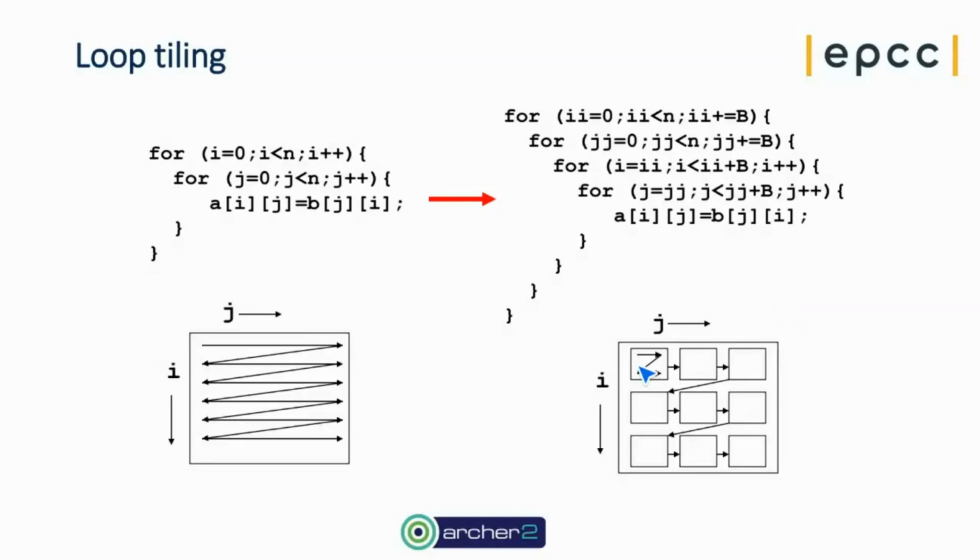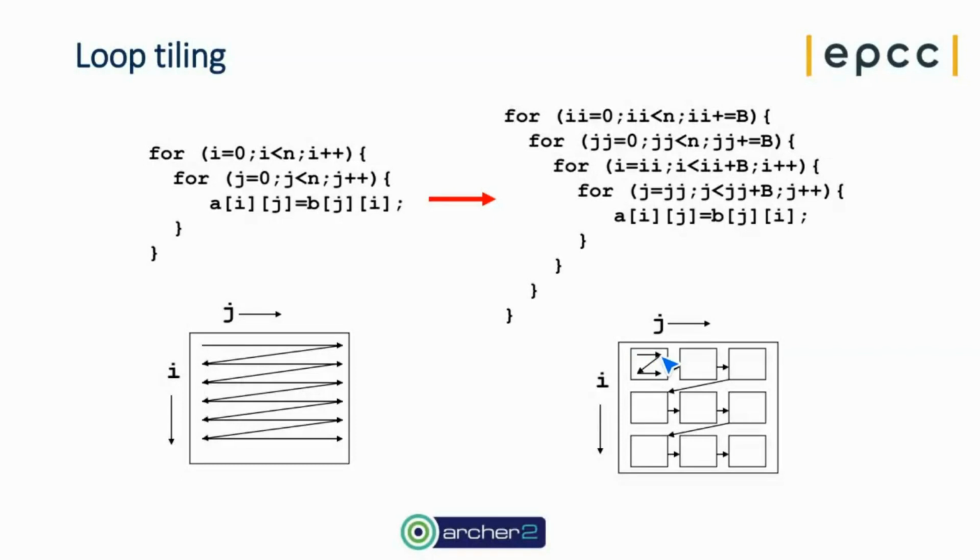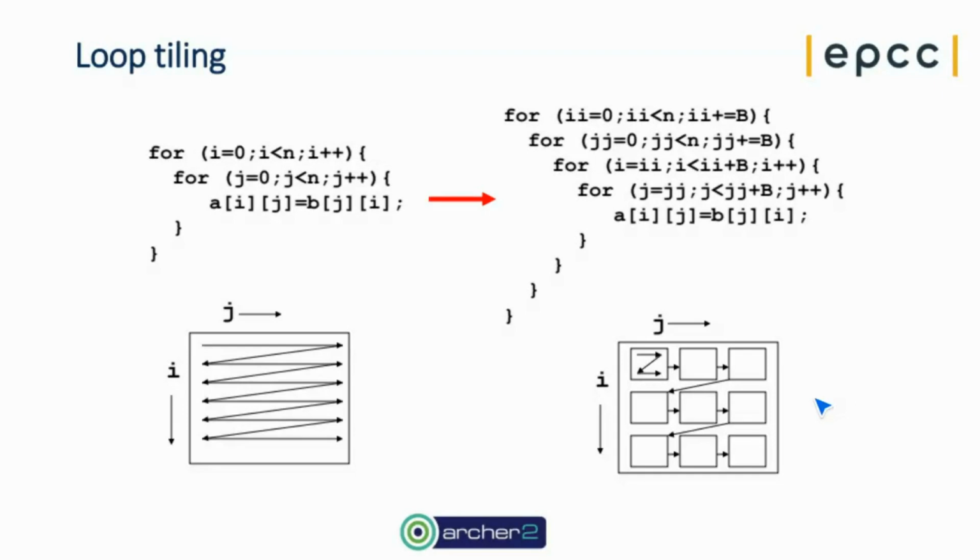So what we're doing is just part of the J dimension, and then we carry on to the next I. We iterate within this block here, then we move on to the next block and then iterate within that, and so on. So basically changing the order of loop iterations in a nest in this kind of way.